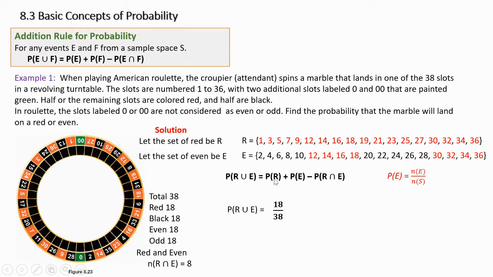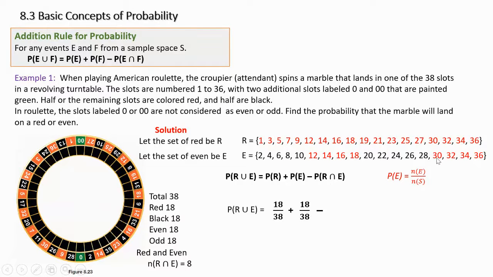So the probability of red, there are 18, so 18 over 38, plus the probability of even, which is also 18 over 38. But then, guys, we have to subtract the ones that are red and even. I'm going to subtract that because those are already counted up here. That's why we don't count them twice.